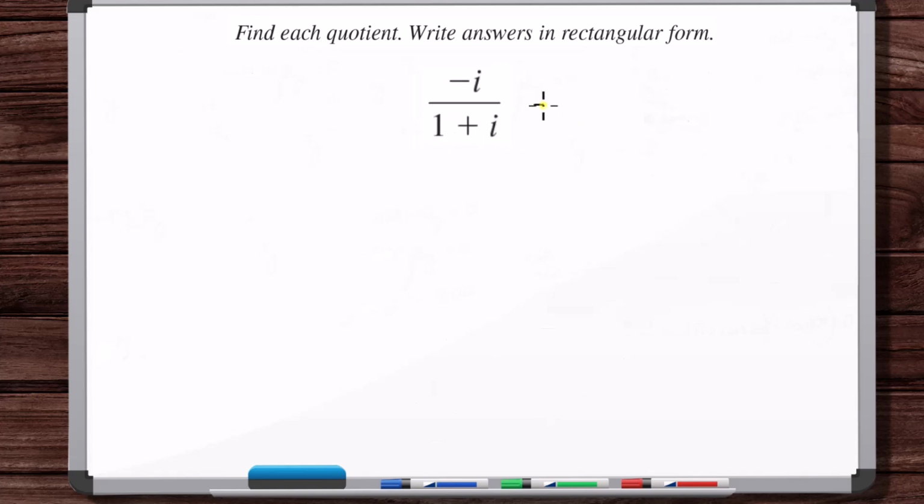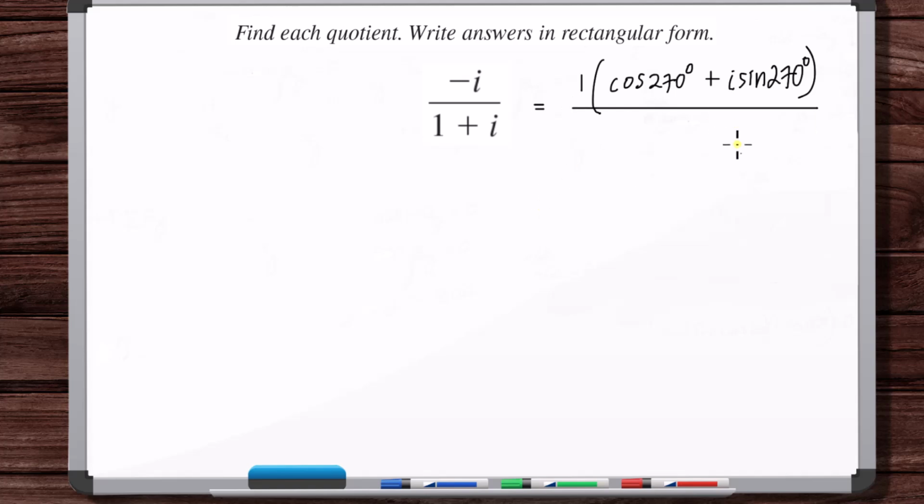Okay, so we've got 1, and then this is going to be cosine of 270, because this is the negative vertical, plus i sine of 270. In the denominator, 1 squared plus 1 squared is 2, square root of 2 is root 2.